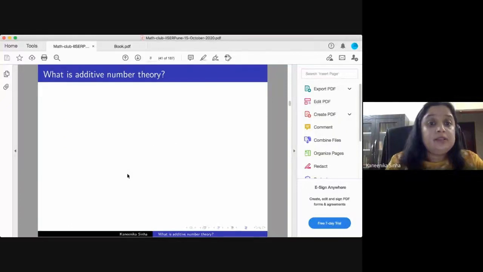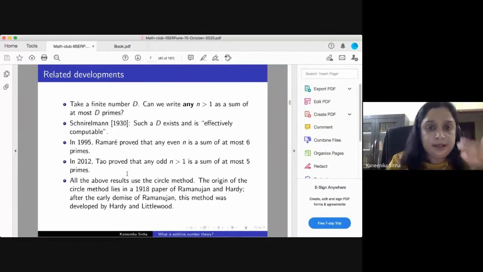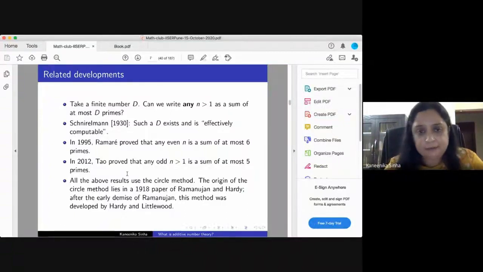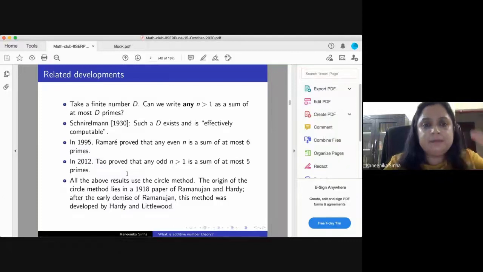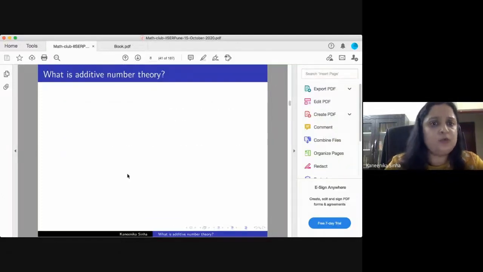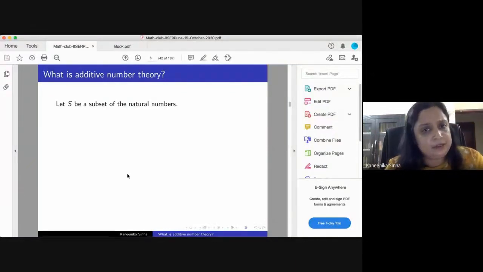Now we've provided some examples of what are called additive problems, and it is time to put them in a bigger category of problems. So what is additive number theory? Let S be a subset of the natural numbers. We don't just have to obsess with the primes. There could be other types of numbers that you like.